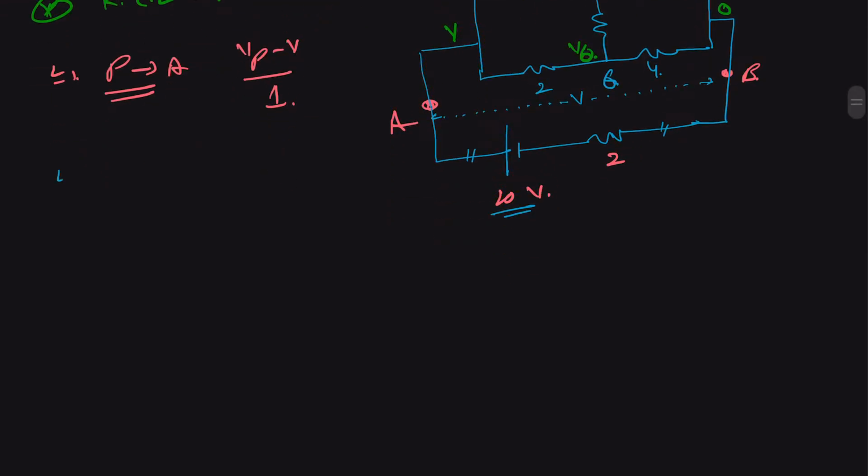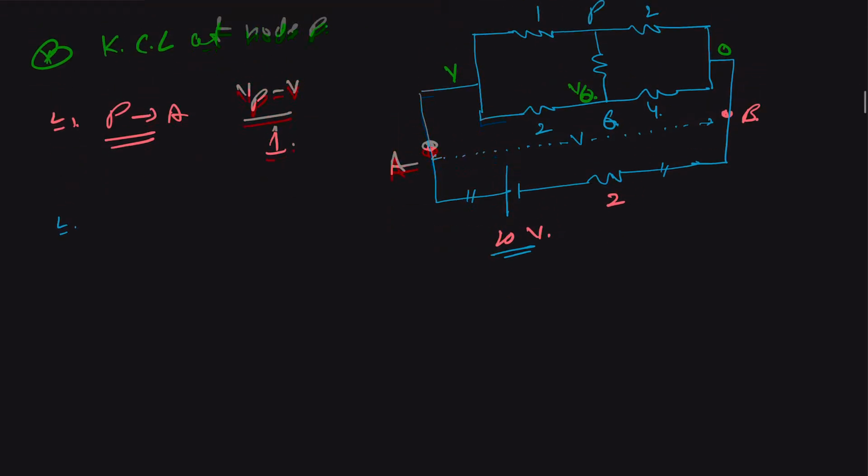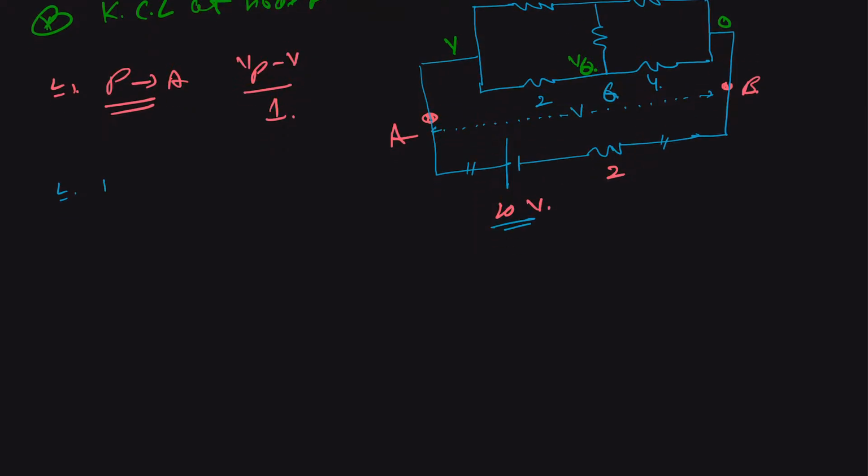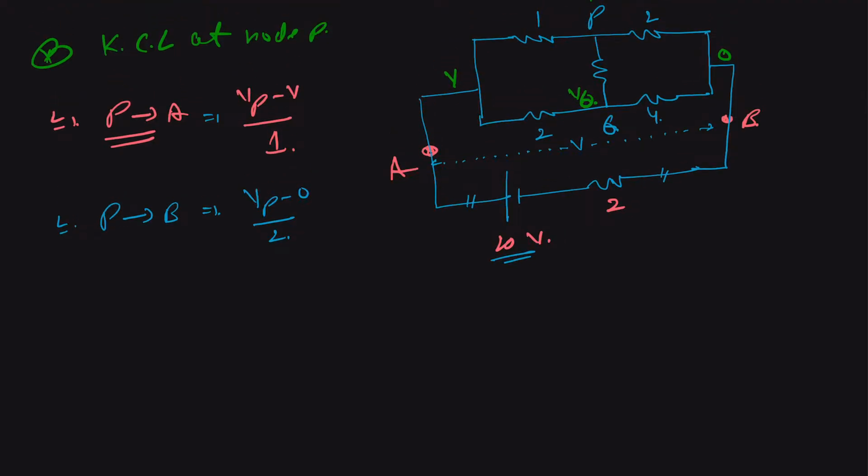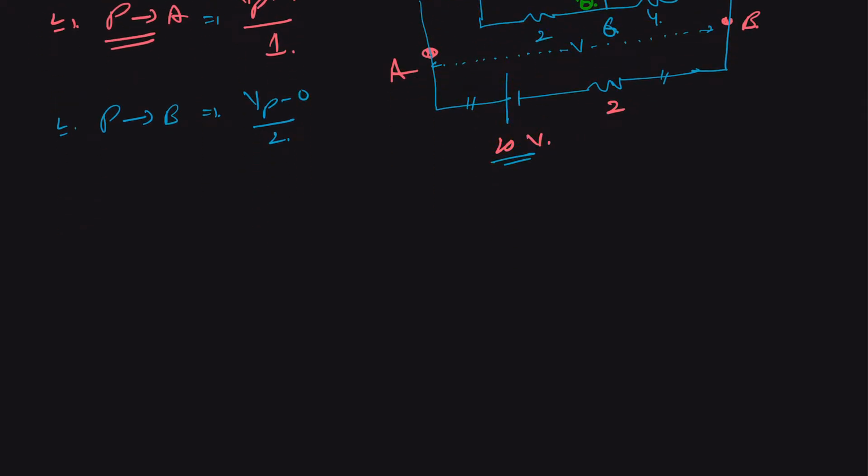And second is from P to B, and this we can write as our Vp minus 0 upon 2. And the third one is from P to Q, and this will be giving me Vp minus Vq upon 1.